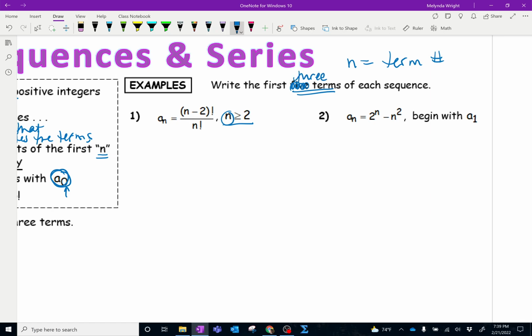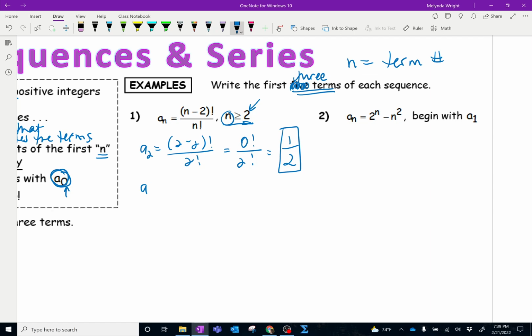We start with 2, so a sub 2 would be 2 minus 2 factorial over 2 factorial. We just plug in a 2 where the n is. That's 0 factorial over 2 factorial. 0 factorial is 1, and 2 factorial is 2 times 1, or 2. That's our a sub 2, which is actually our first term, because it says start at 2.